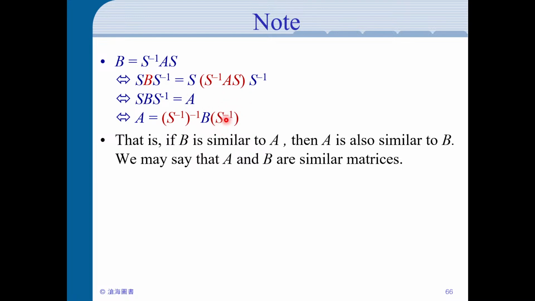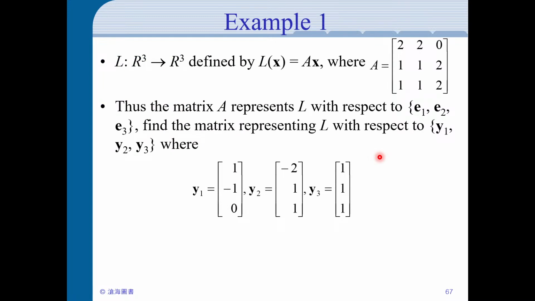You can think of S minus 1 as S prime, so A is S prime minus 1 B S prime. So A is also similar to B, and we just say A and B are similar. Okay, and let's see more examples.